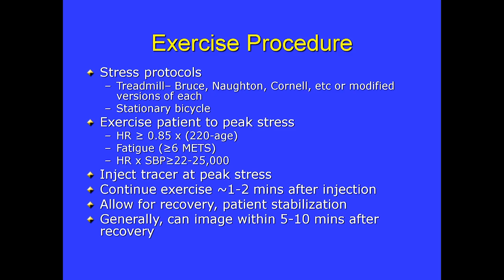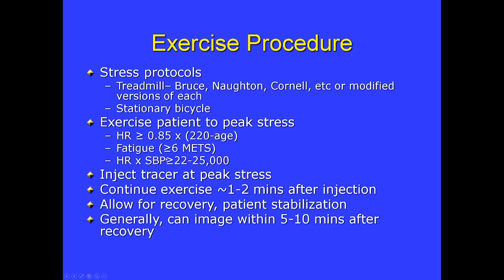But then there are also targets by which you feel that there is adequate testing done. For example, the most commonly used target is target heart rate, which is based on age, and the formula is listed. But potentially you also want to make the patient exercise at least until they fatigue, so long as they've achieved at least 6 METs of exercise on the treadmill.